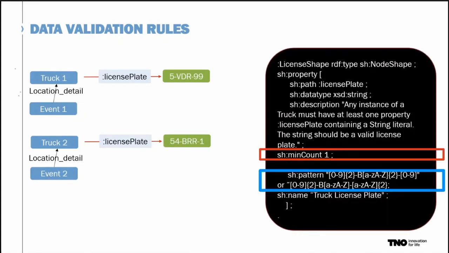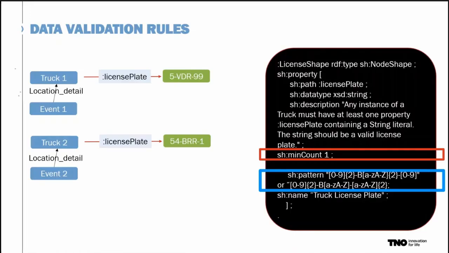I give here the serialization, but I highlighted already the two important parts in red and blue. In the red, we can see that every truck should have a minimal count of 1 for a license plate. So each truck should have a license plate. Well, that is valid for both trucks in this case.